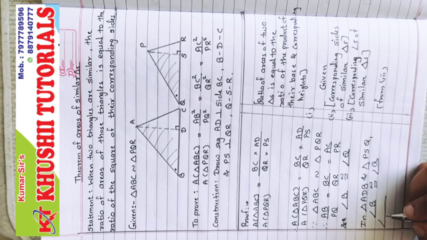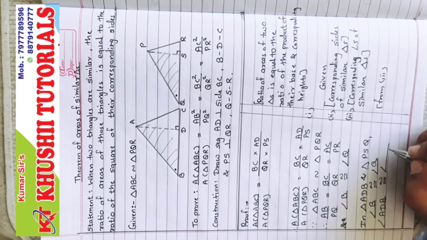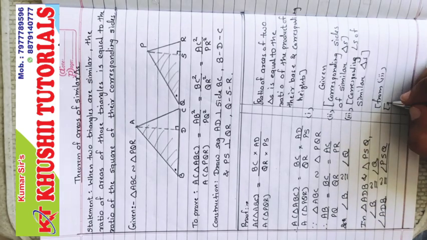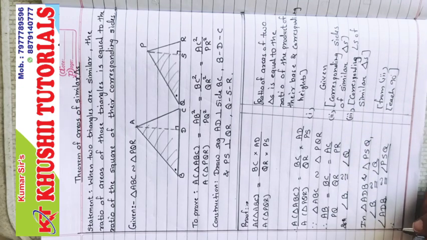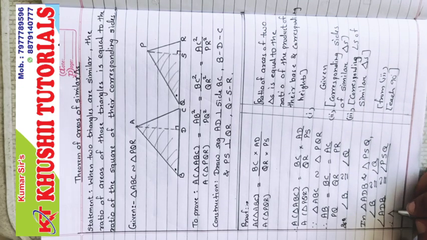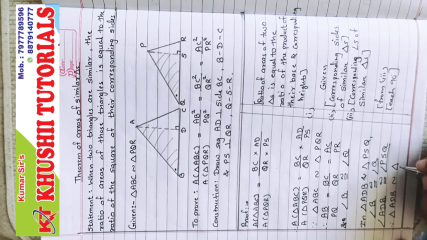Angle ADB is congruent to angle PSQ, each 90 degrees, and therefore triangle ADB is similar to triangle PSQ.